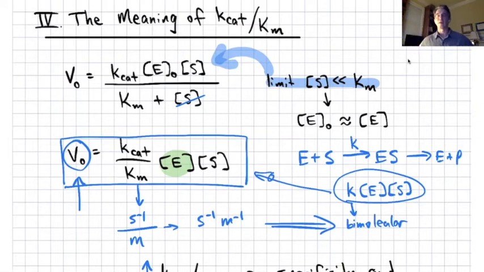kcat over km applies at all substrate concentrations. It's a fundamental, apparent second order bimolecular rate constant that relates the rate of the reaction to the concentration of free enzyme at all substrate concentrations, right? It cannot be any greater than any true second order rate constant on the forward reaction pathway.